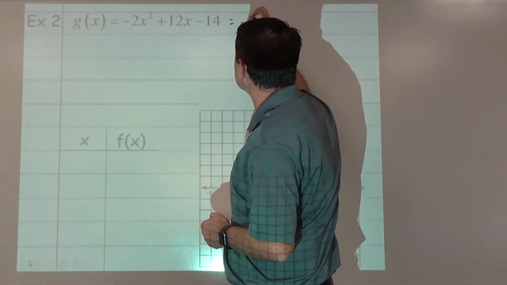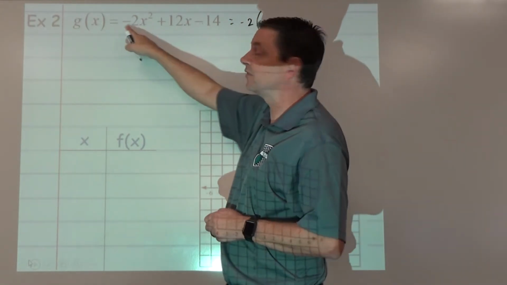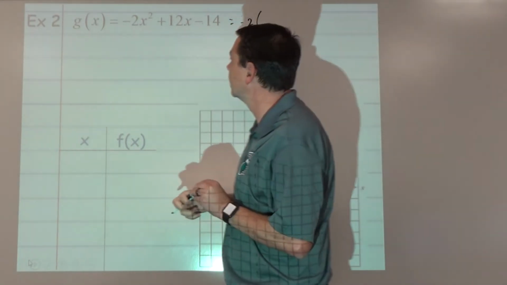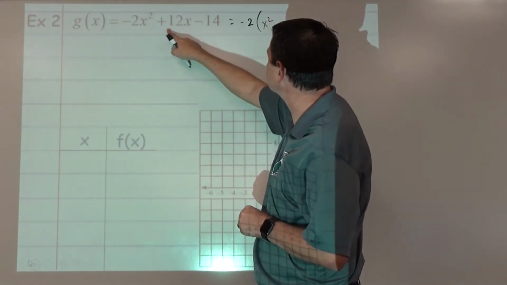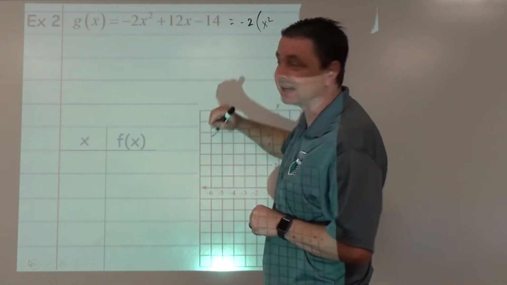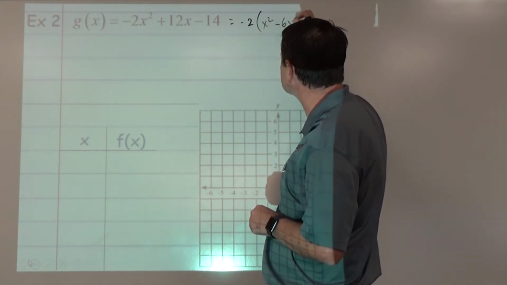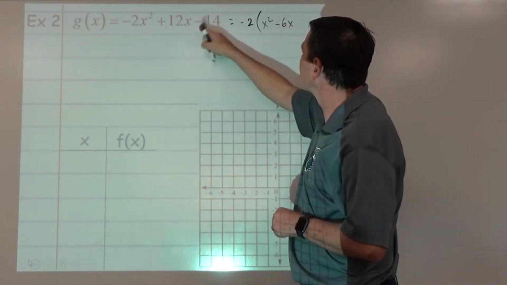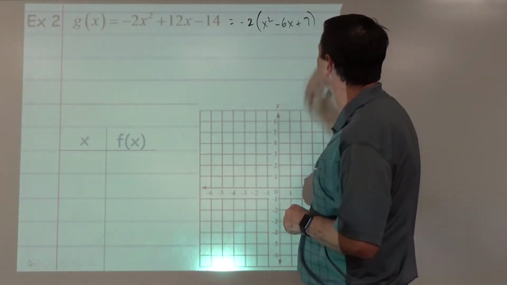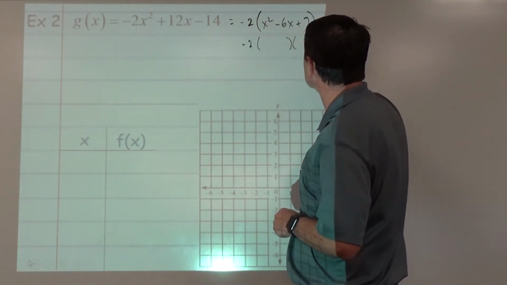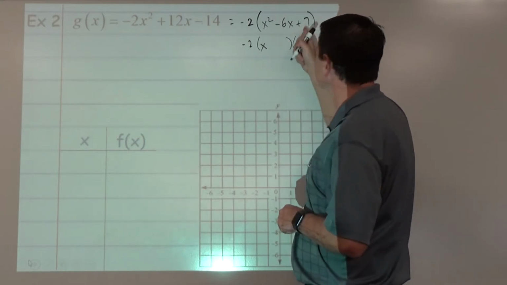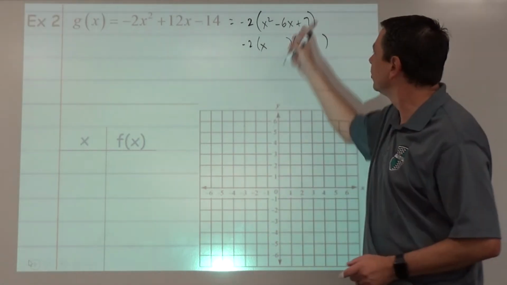We would essentially get negative 2, and I like factoring out the negative. That's definitely helpful. Times x squared. And if I take out negative 2 times what makes positive 12? That would be negative 6x plus 7. So if we were going to continue to factor, x and x, not a whole lot of ways to make positive 7.